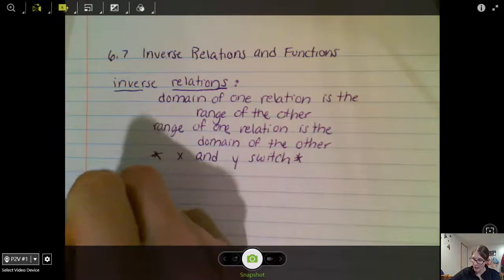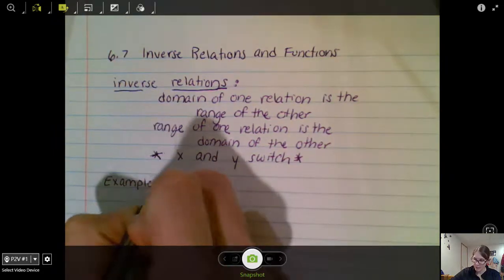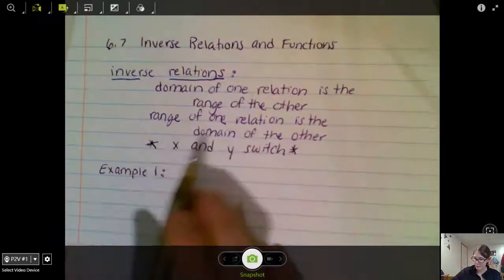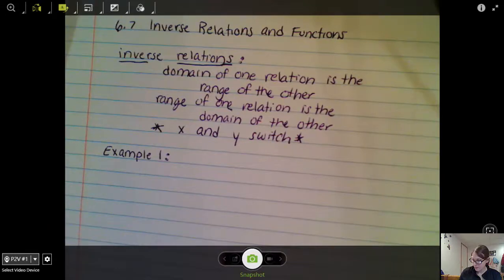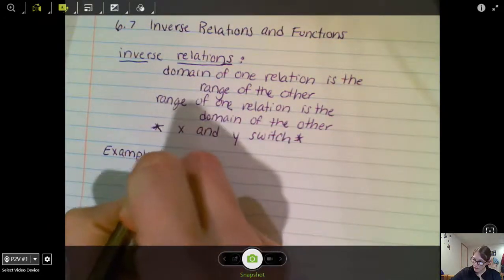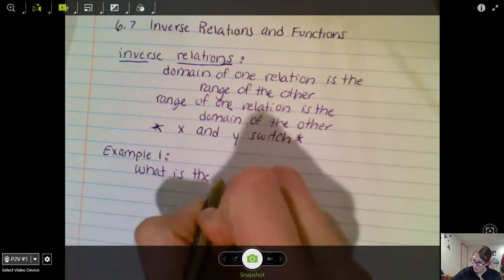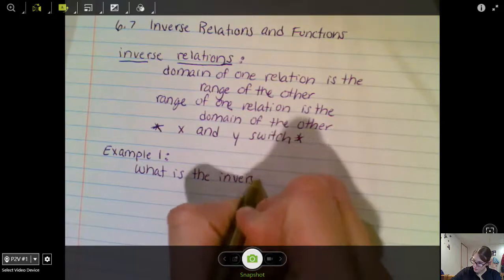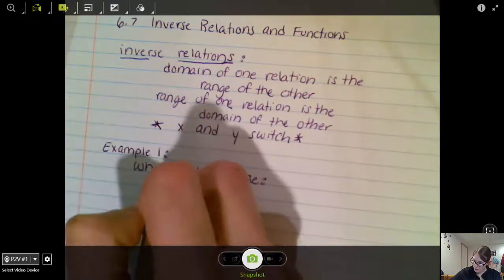Okay, example 1. I'm just going to do one example that's like this. We are going to find what is the inverse of our table of values here.